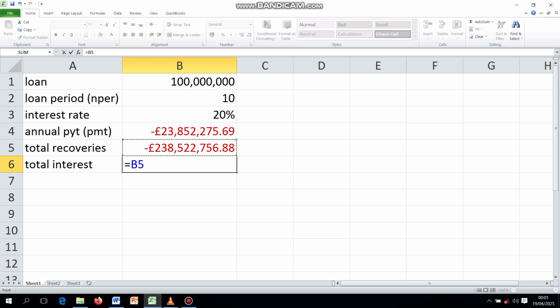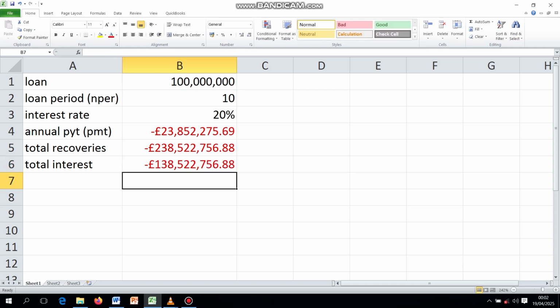So I want to know the interest only. So I will get this total recoveries, then I will subtract the loan, because a negative and a negative give us a positive. So that's the value.